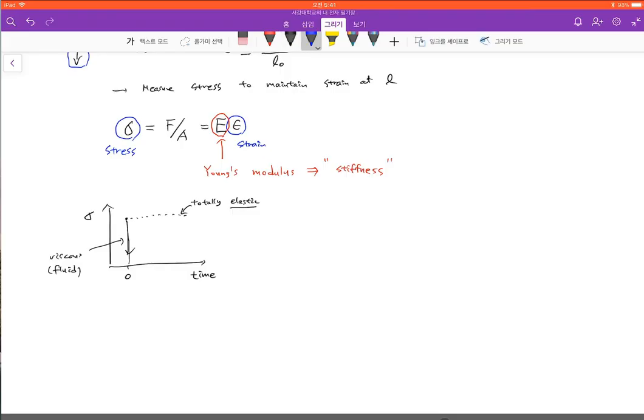And since polymers are viscoelastic, they exhibit both solid-like and liquid-like properties. Stress as a function of time shows this kind of behavior. Okay, viscoelastic.